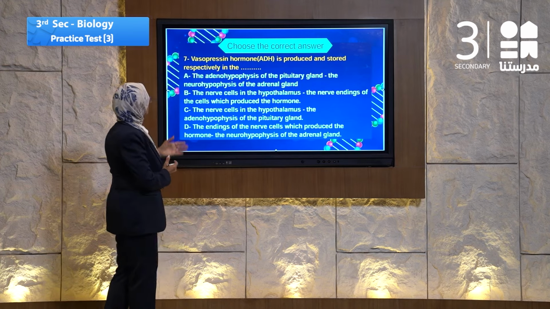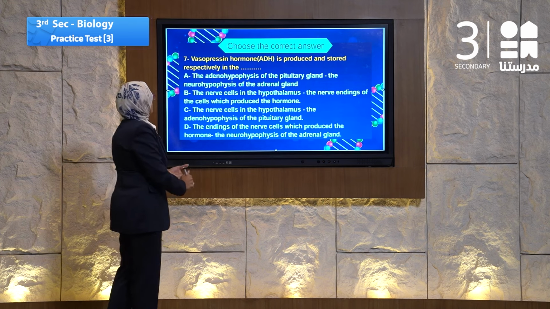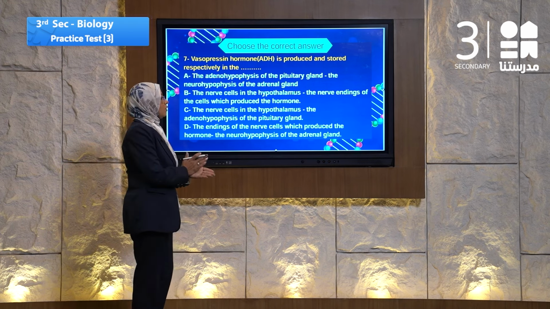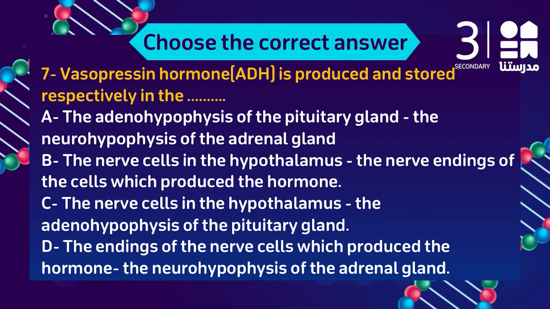Let's go to question number 7. Question number 7 speaks about the hormone. What is the hormone here? Vasopressin hormone. It's not a familiar name; we call it ADH in our book.